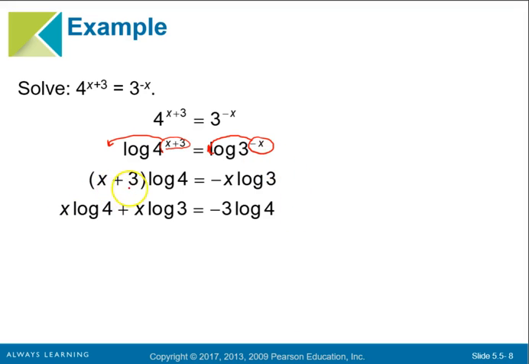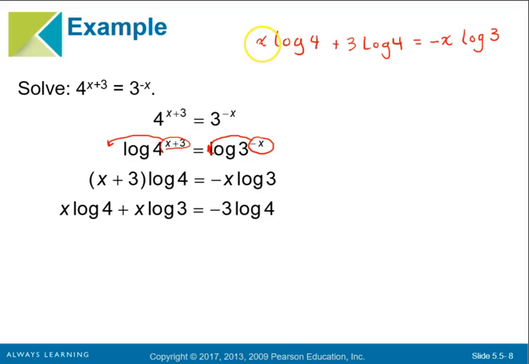Here we have an x log base 4, and then we have a plus 3 log base 4, and that equals our negative x log base 3. All right, so that's this piece and this piece.